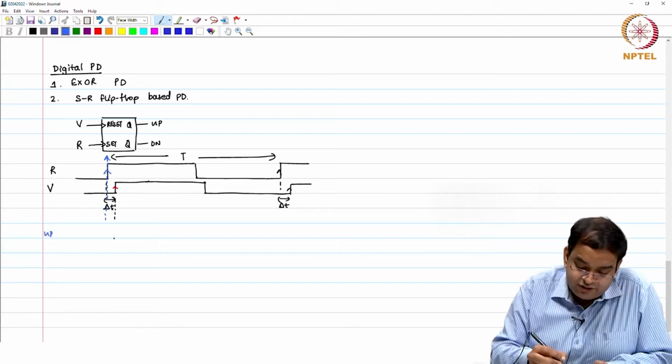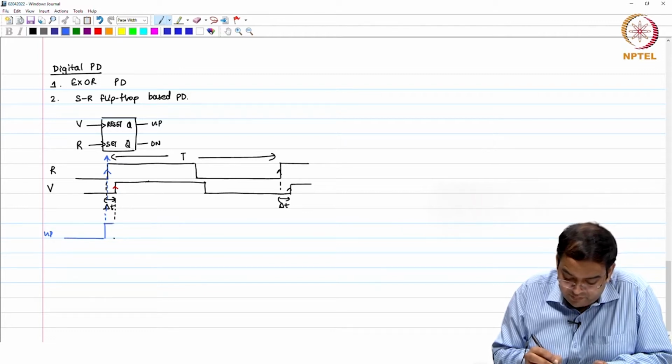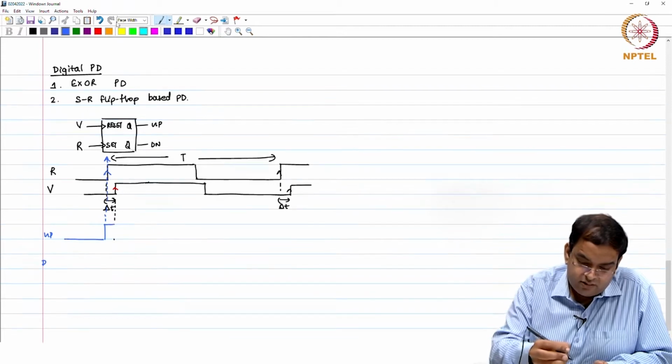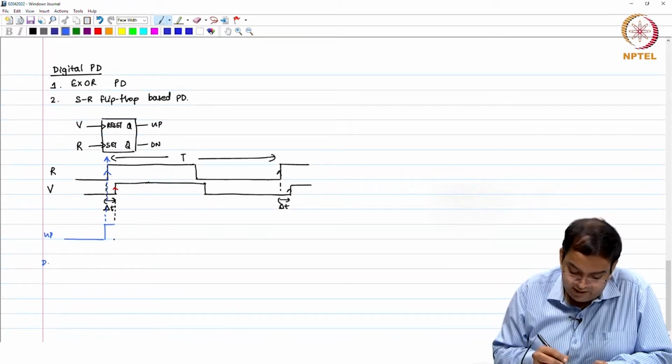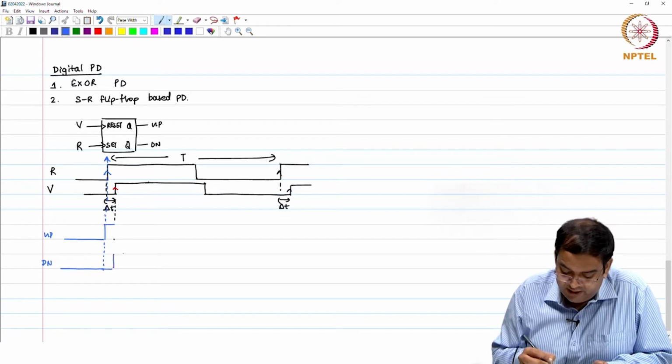Okay. As your R signal goes high, your up signal will go high, and when your V signal goes high, your down signal will go high and up will go down. So, it is like this: this goes high and the up signal comes down.